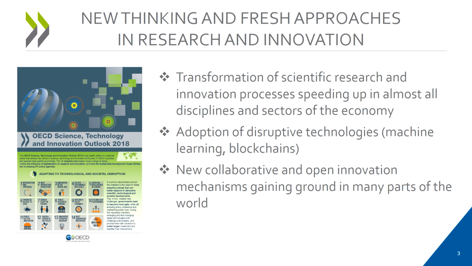I'll first give you a brief context for what we've done here on these research and innovation networks. At the OECD, we publish every 2 years an outlook on STI. Where is STI going? And clearly, there are many changes happening. You see this probably from day to day in terms of the adoption of disruptive technologies and new collaborative and open innovation mechanisms.